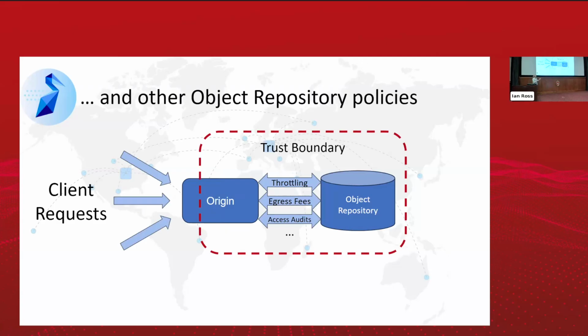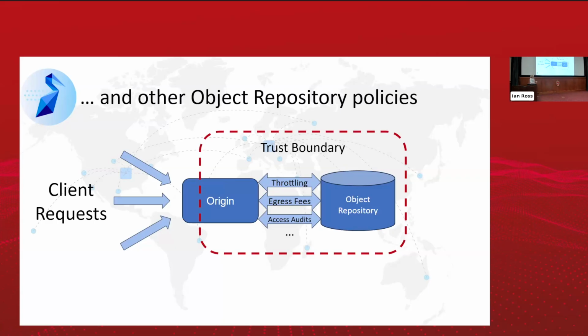And then I think this is one of the most interesting things that Pelican is working on and maybe has some work to do, is translating the kind of squishier, softer, more natural language type policies that the object repository provides to the origin about how it wants to be accessed, in what ways it's okay being used, what types of things it's willing to support, etc.